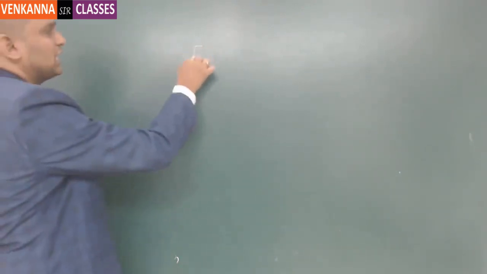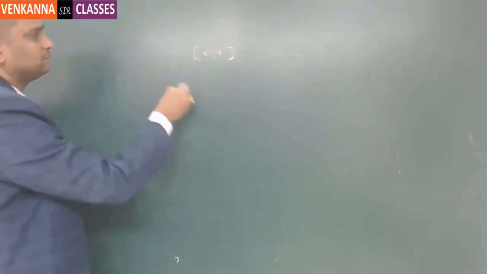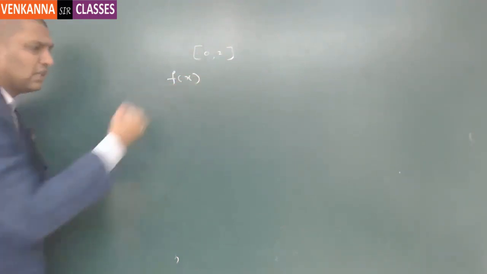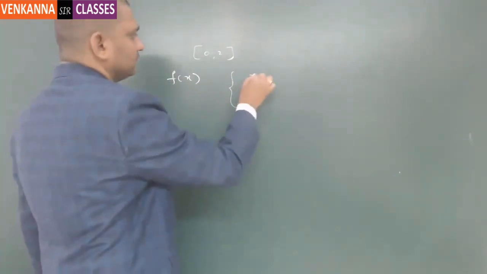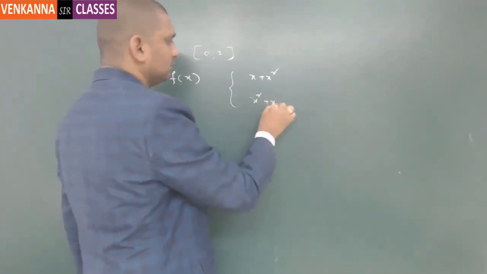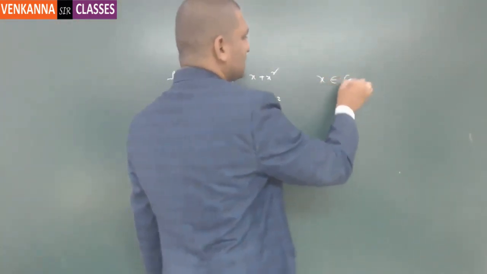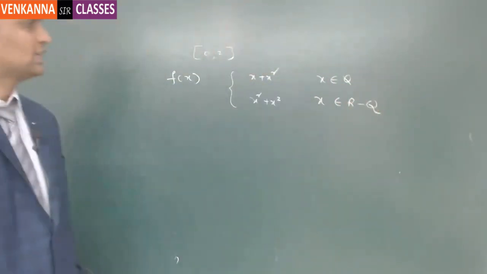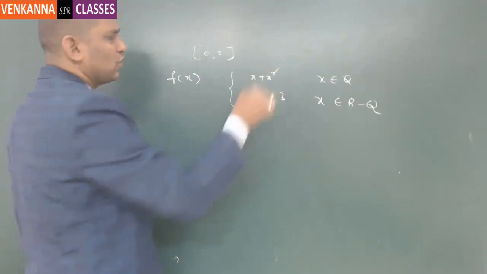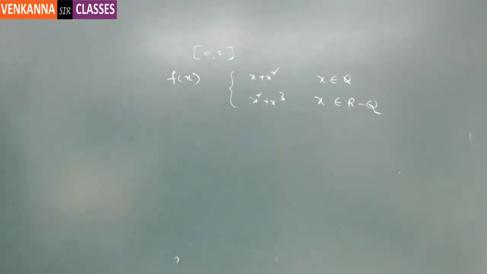So the question is given as: suppose on the closed interval 0, 2, the function f of x is defined by x plus x square if x is rational, and x square plus x cube if x is irrational. This is the problem given. It is also one of the previous year questions in UPSC.